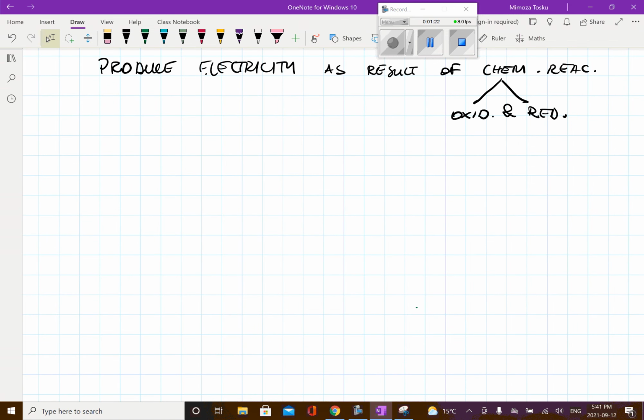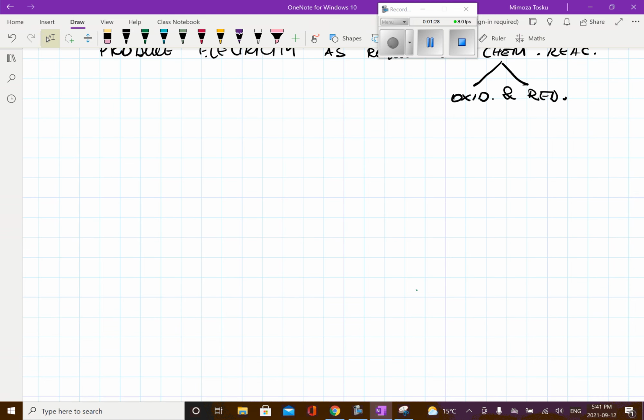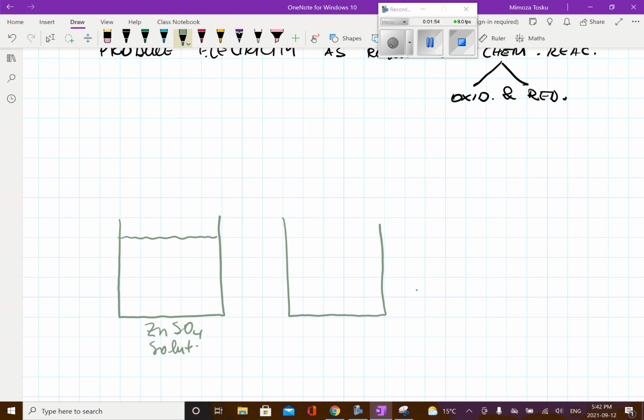So what are the parts of the voltaic cell? Let's suppose that we have two beakers, one filled with zinc sulfate solution, and the other one filled with, let's say, copper sulfate solution. What do we do here?